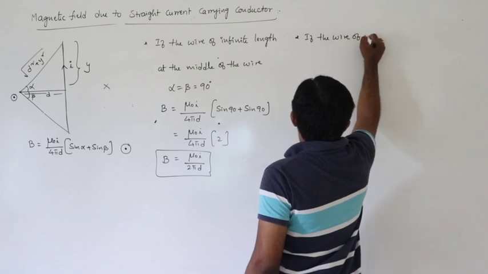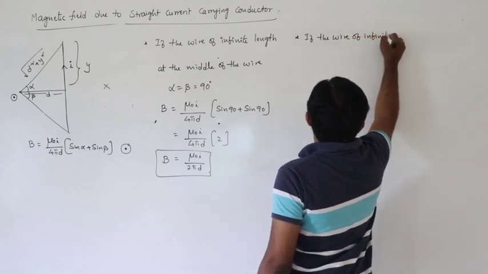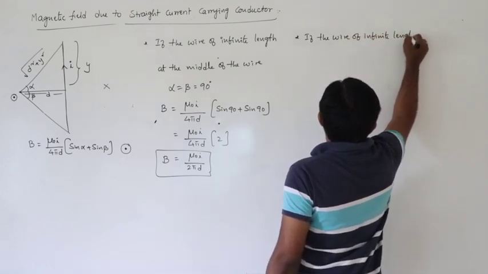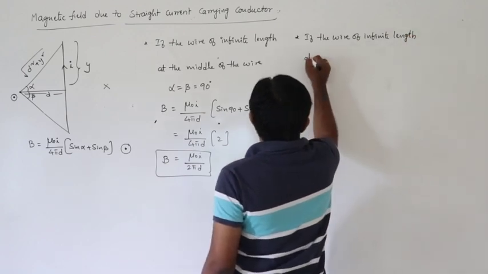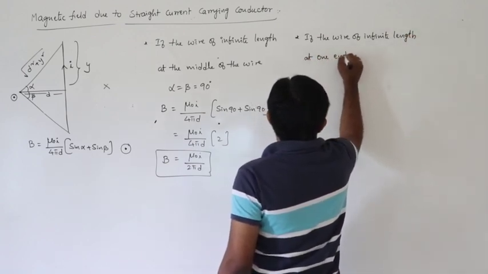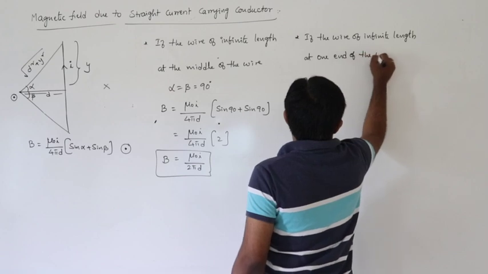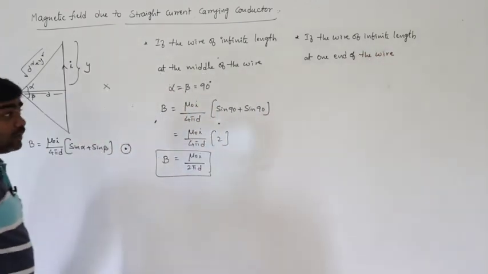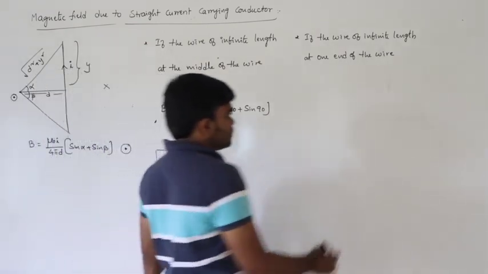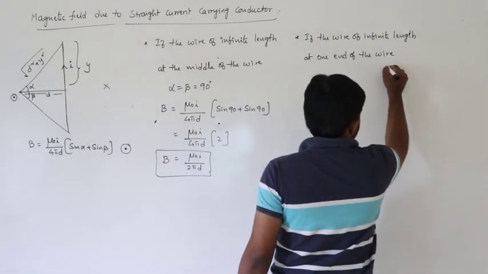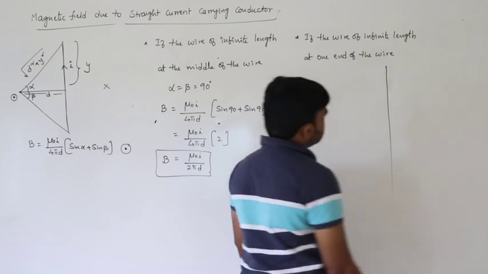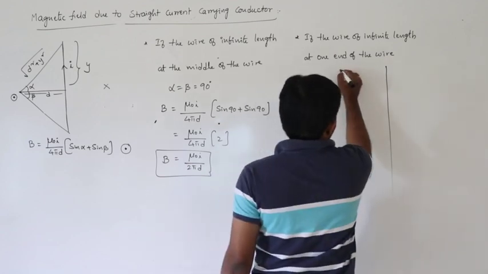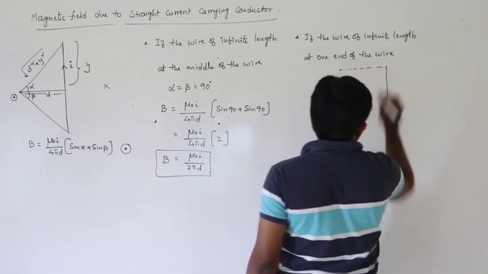Next, if the wire is of infinite length, at one end of the wire. That means this wire starts at this position and it extends to infinite length. Now we have to calculate the magnetic field at one end of the wire.